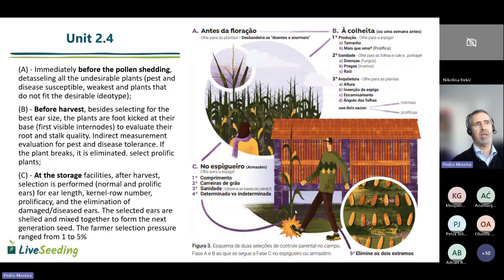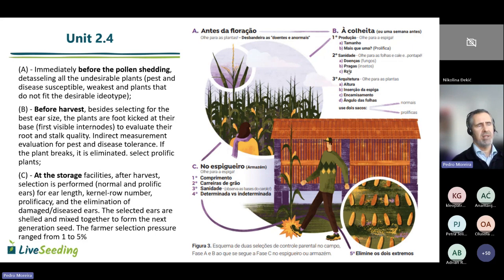Because when you kick the plant, not as a football player, please, if it breaks, it means that there are some fungi, there are some insects that are destroying the plant. So you got this information and you don't select this for the next season.